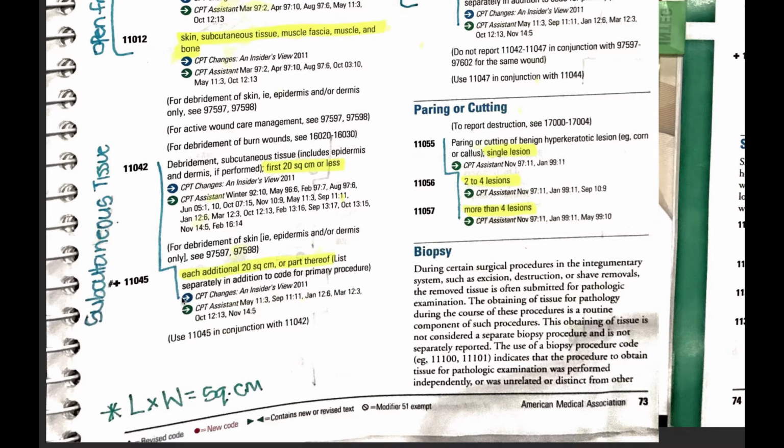Indented underneath the 11042 is an add-on code for each additional 20 square centimeters or part thereof. What that means is if a wound was debrided 25 square centimeters, 11042 would be assigned for the first 20 square centimeters, and the add-on code 11045 would be appended for the additional 5 square centimeters.